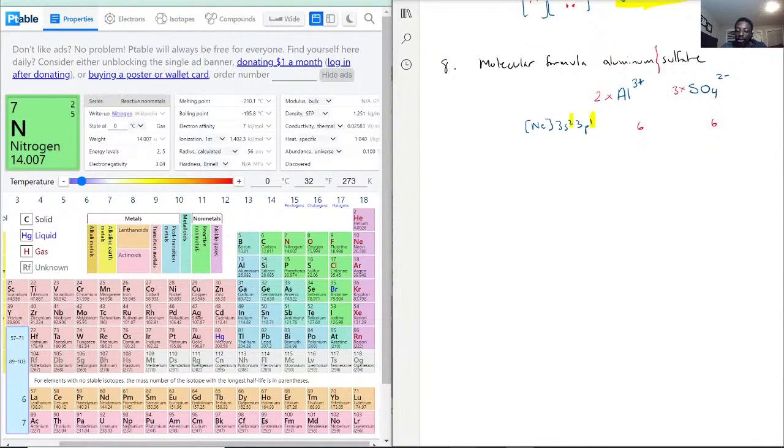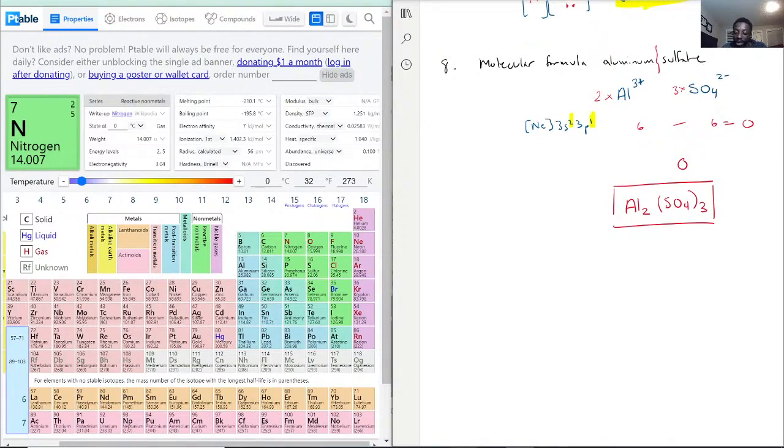The goal is to still have a net charge of 0. This should cancel out: 6 minus 6 equals 0. So you have Al2(SO4)3. That right there is aluminum sulfate.